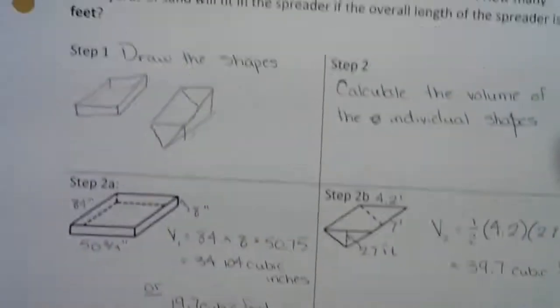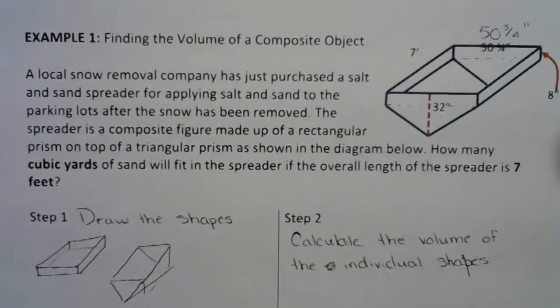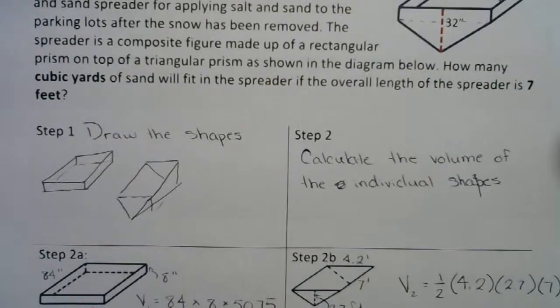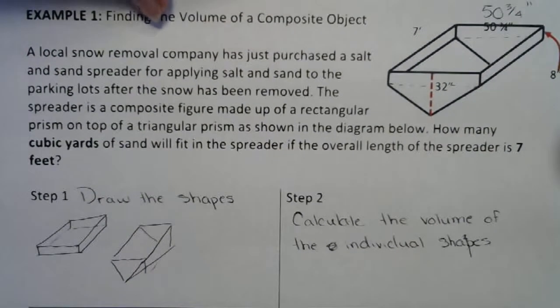So that's how to go through and determine the volume of a composite shape. Break it down into smaller shapes, follow these steps, and you should be able to apply that to pretty much any question. Just remember your unit conversions.